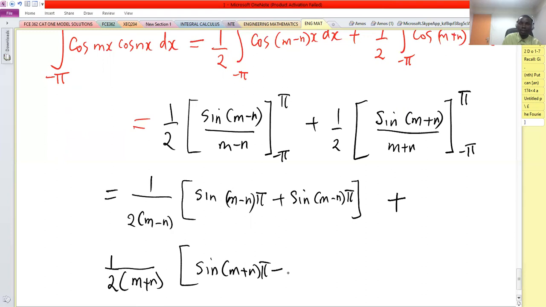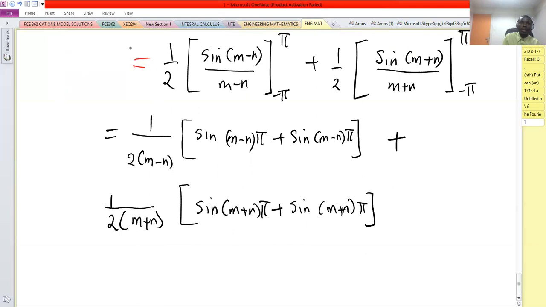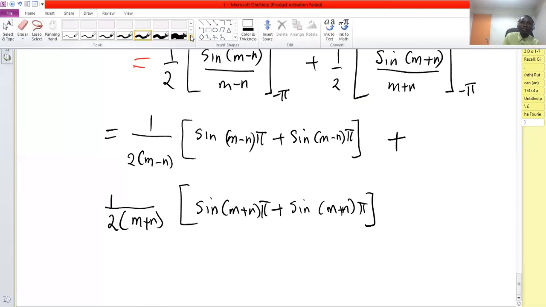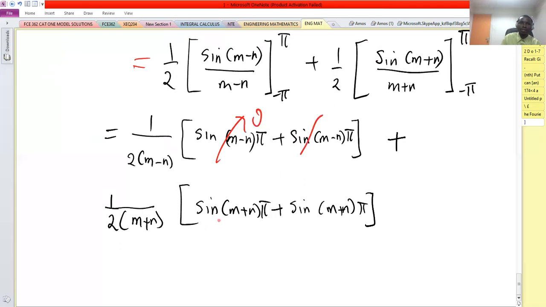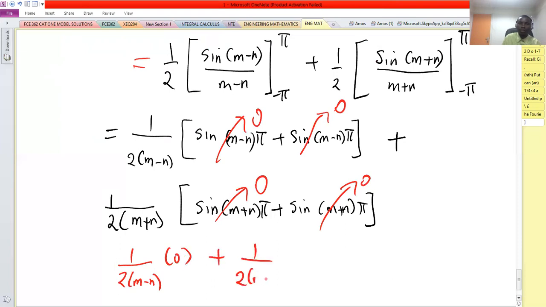Sine of minus is minus, so minus minus is plus, sine (m plus n) pi. But we know that sine of multiples of pi is 0. So each of these terms will go to 0. Therefore it will be 1 over 2(m minus n) times 0 plus 1 over 2(m plus n) times 0. That will give us 0.